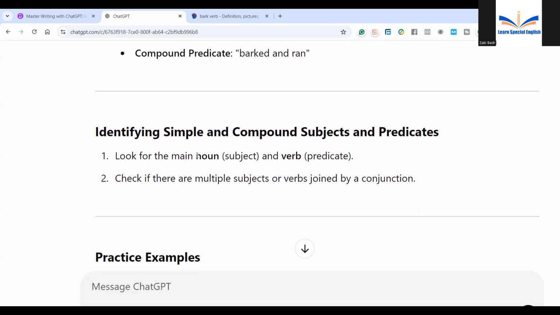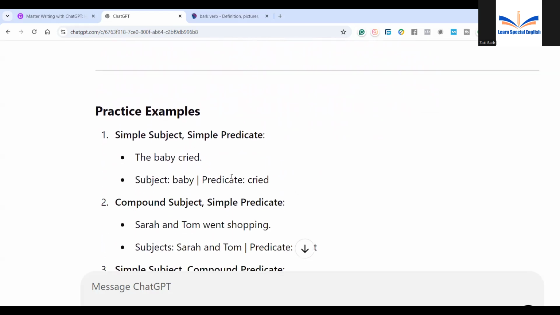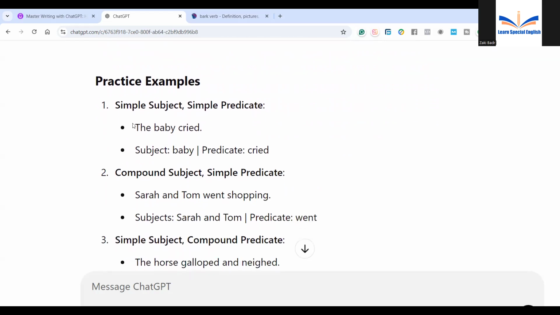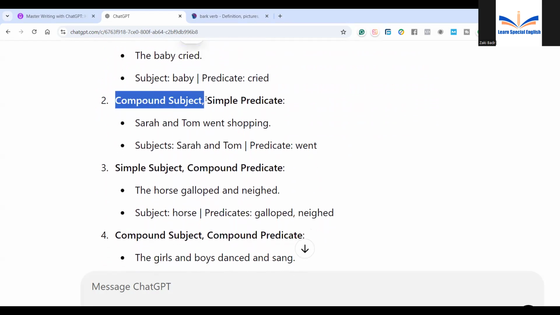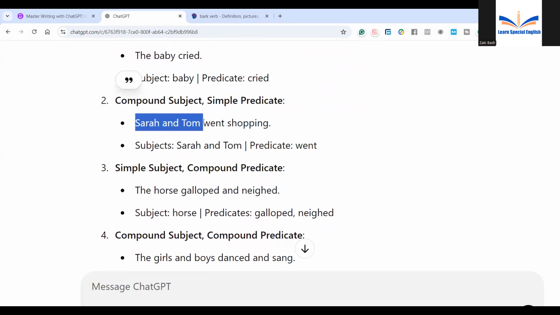The subjects are usually either nouns or pronouns. And the verb is the predicate. So, the baby cried. The baby here is the subject. What completes the sentence is cried. So cried here is the verb and it's the predicate. Compound subjects mean two subjects, Sarah and Tom.